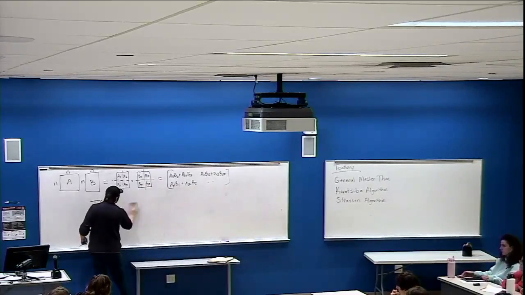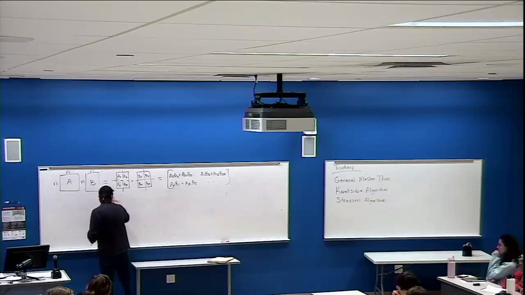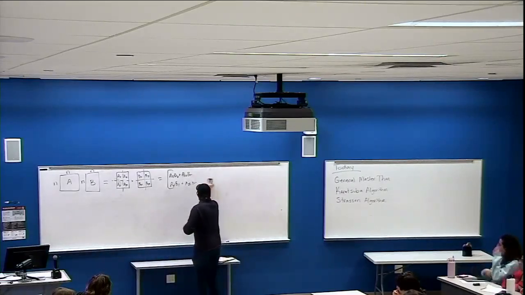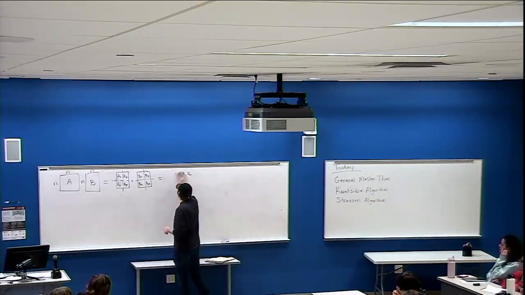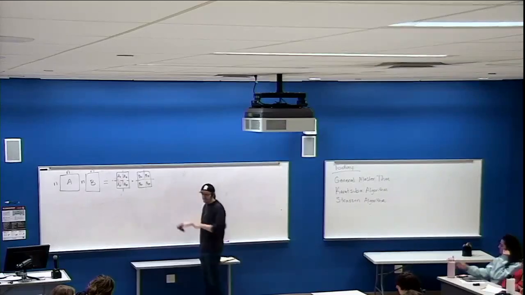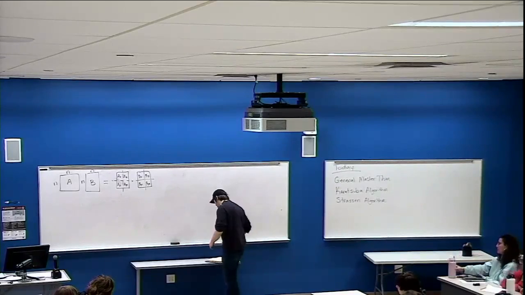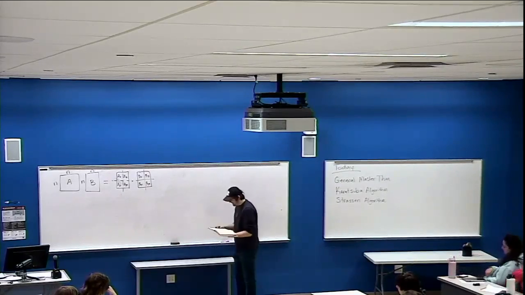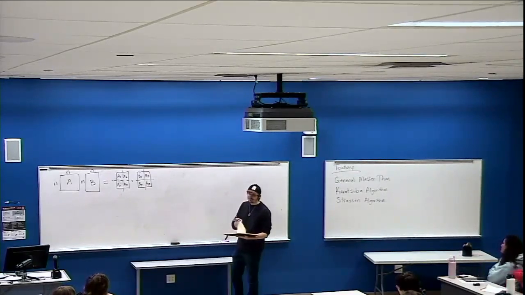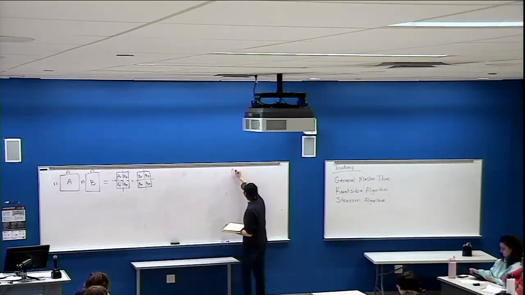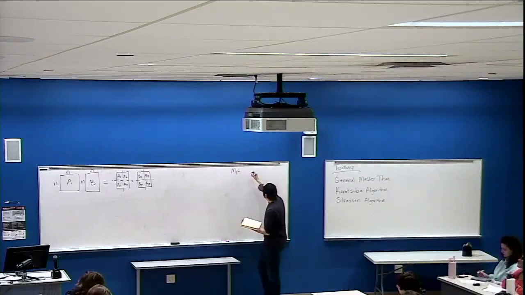So, what Strassen realizes is that we can create some intermediate terms. We're still going to be splitting it like this, and we're going to create intermediate terms. I'm going to just write them out. If you want to take some notes, now's a good time. It's going to take me a little bit of time to write this out. So we have M1 is equal to A11 times B11.